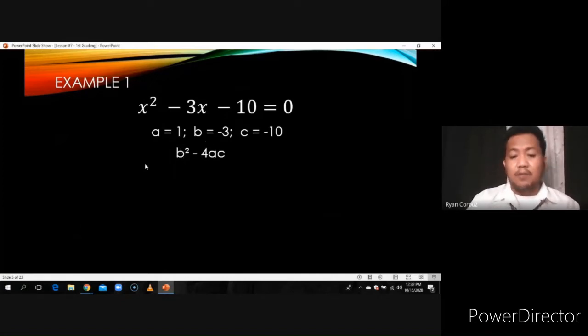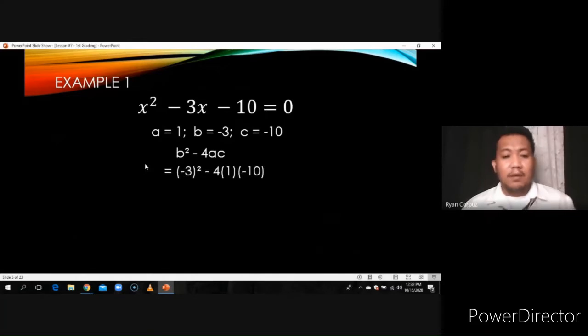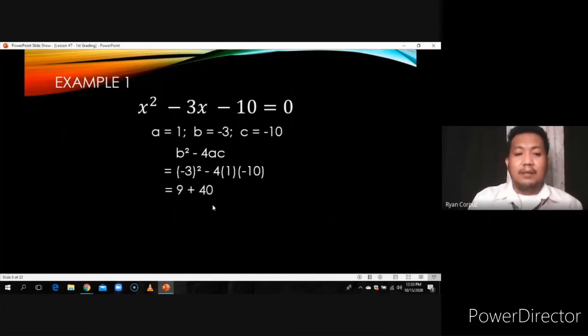If you substitute, you will come up with b squared, which is negative 3 squared, minus 4 times a, which is 1, times c, which is negative 10. Then simplify first this part: negative 3 squared is 9.